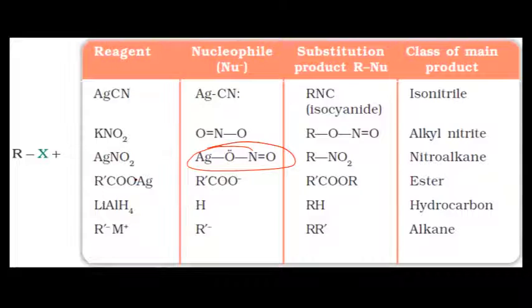Now, one more important thing. You might ask whether this oxygen will get attached or this oxygen will get attached. If you see, this oxygen will have 6 electrons and a minus charge, and here nitrogen will have a positive charge, because it does not have all its valencies complete.